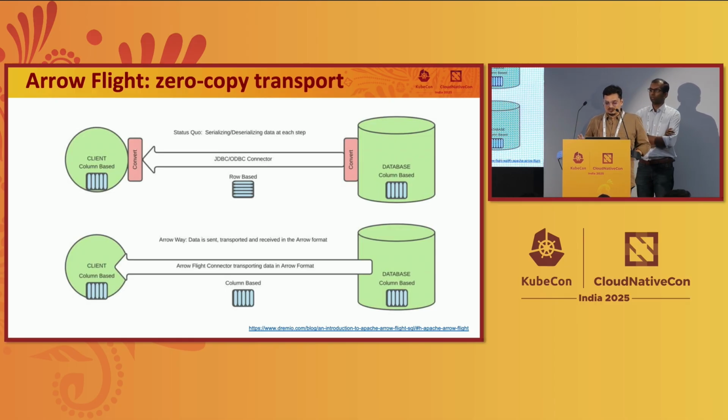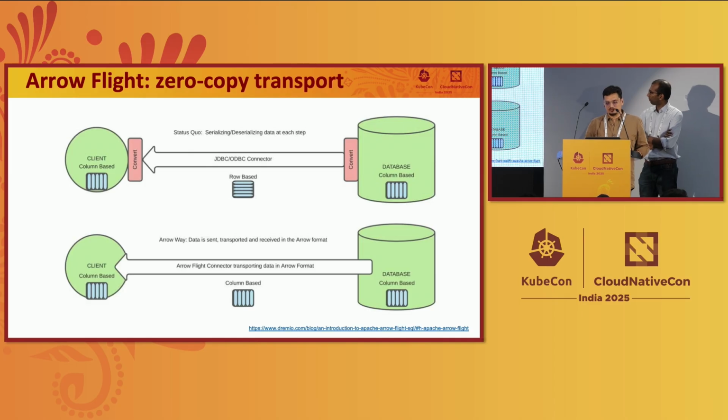Now, we're still using it to fetch data that's there in a columnar database or any columnar storage format. Just because you're using JDBC, you have to convert that columnar data to row-based data to make it travel over the wire via JDBC, ODBC connectors. And on the client again, you have to do another convert box, right?